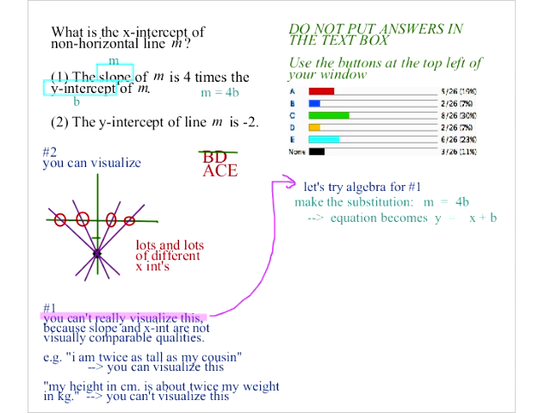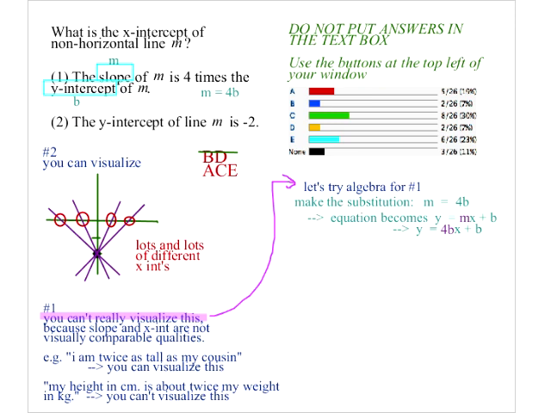Here's the m. You have to take out the m, not the b. So that's y equals 4bx plus b. Let's put that up there.